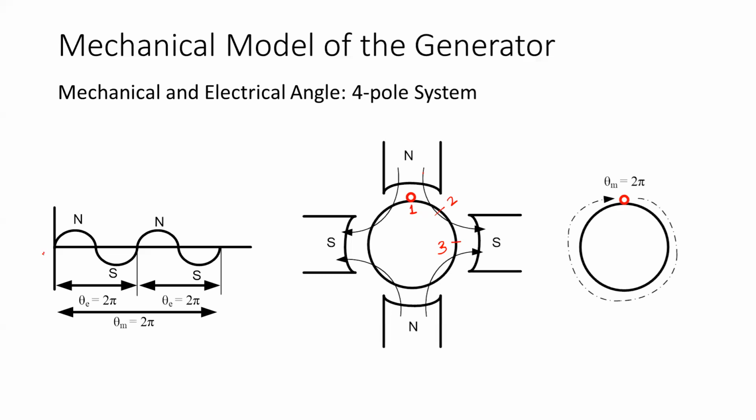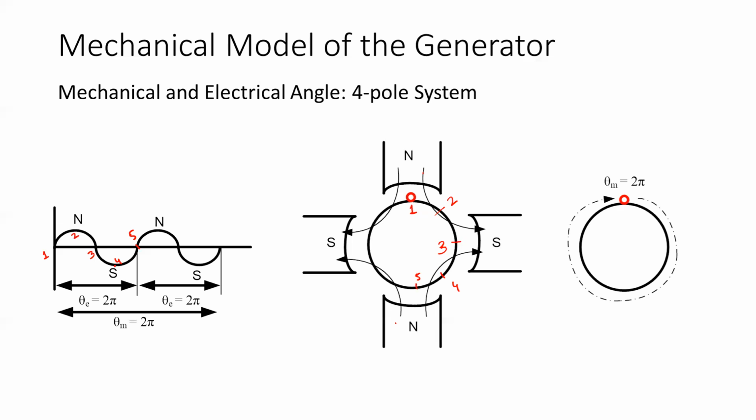That means this is your position number 1, this is your position number 2, this is your position number 3. Similarly, again this is your maximum, but in the opposite direction of 2. So this is your position number 4, and this is your position number 5. Now, like before, you have already completed 2 pi because you have come from north to south and back to north.